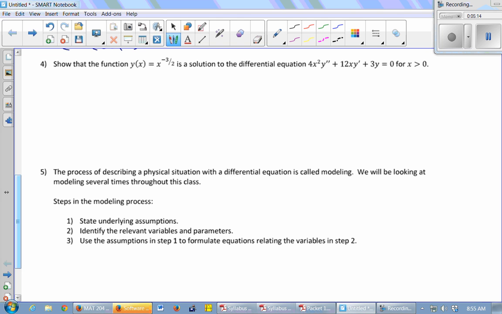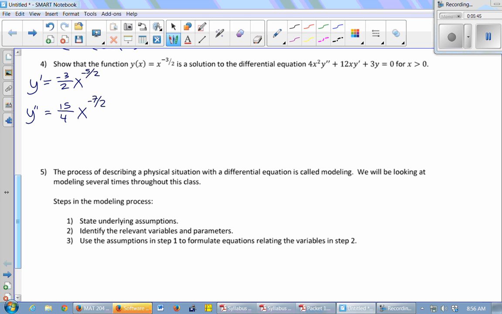All right, what is y prime? Yep, negative 3/2 x to the negative 5/2. So that's our first derivative. And the second derivative? Yeah. Good.